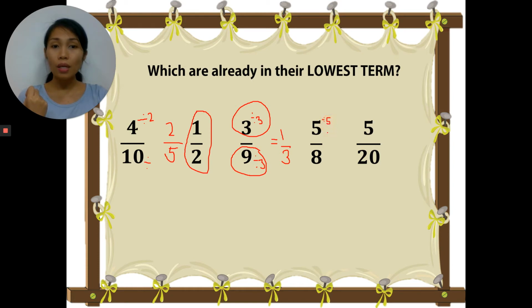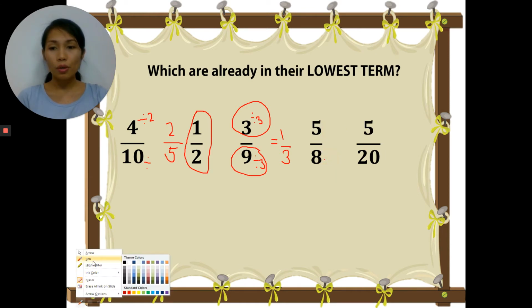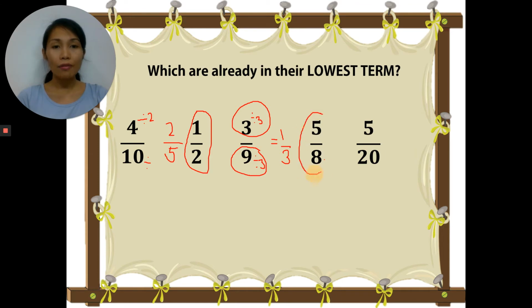But the problem is we cannot divide 8 by 5. There is a remainder in it. So that means there are no more factors we can use for 5/8. So 5/8 is already in the lowest term. If we cannot divide any further, then it's already in the lowest term.